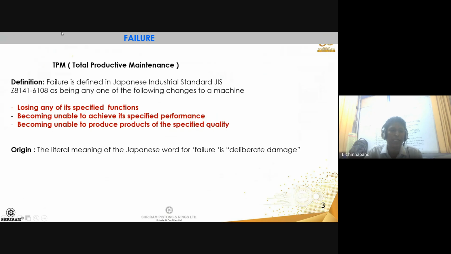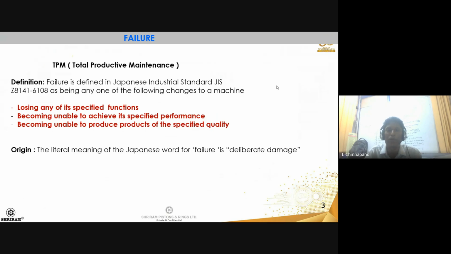The definition says failure is defined in the Japanese Industrial Standard, JIS, as any one of the following changes to the machine. One is losing any of its specified function. Second, becoming unable to achieve its specified performance: the machine is performing, but the rate of production is less.